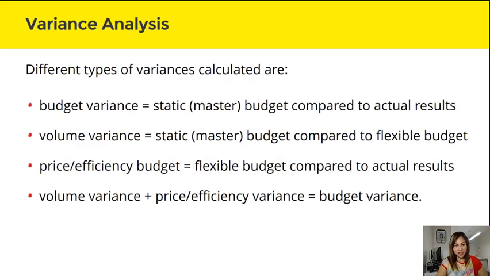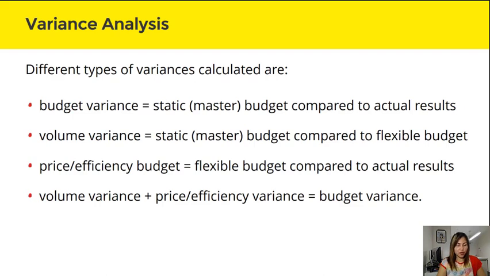In terms of variance analysis, therefore, we can calculate different types of variances here. The first one is budget variance. Budget variance is the result when you compare the static or master budget with the actual result. If we want to focus on the volume variance, you compare the static or master budget with the flexible budget. For the price or efficiency variance, you compare the flexible budget with the actual result.